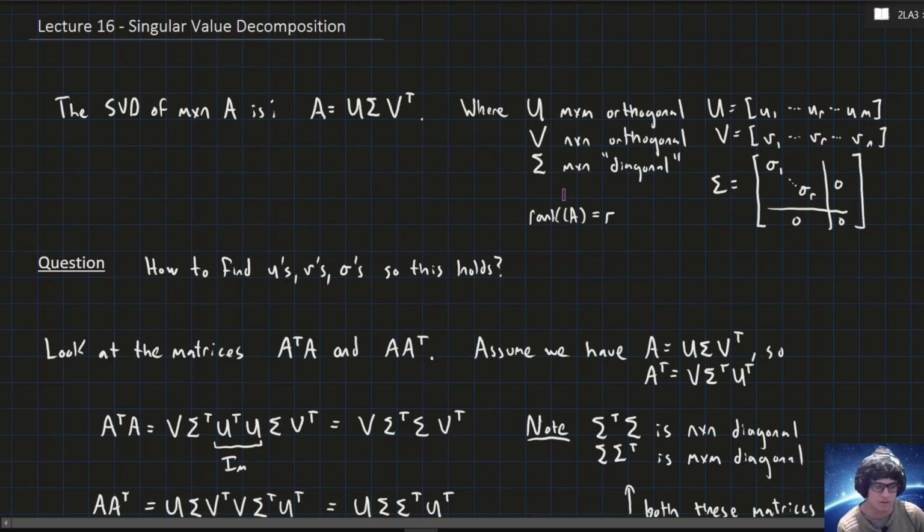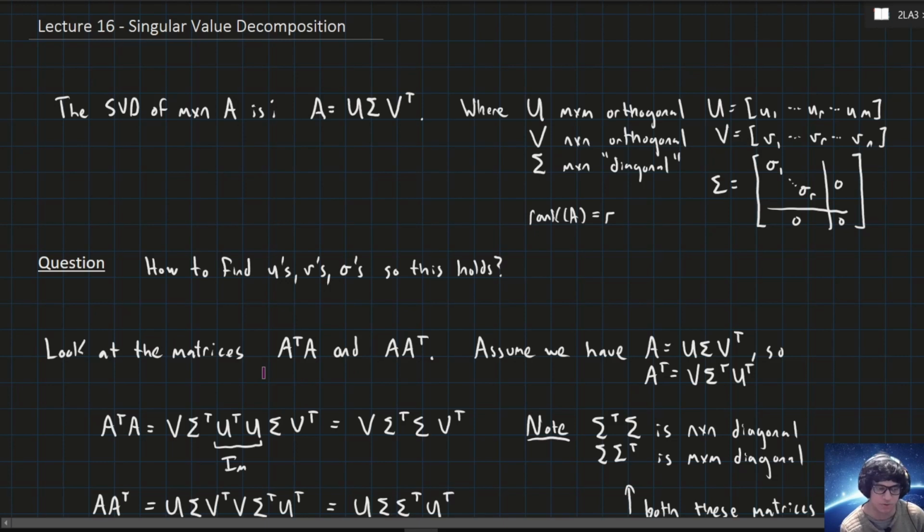We don't have a square matrix A to find eigenvalues of, so we're going to look at two square matrices that are associated to A that we can look at the eigenvalues of.